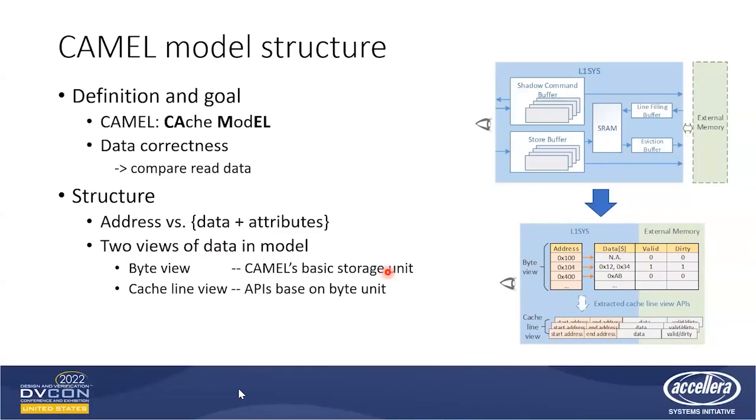For core accessing the L1, normally the instruction will access 1 byte or 2 bytes or several bytes. The unit is a byte, so the byte will directly modify the CAMEL's corresponding info. This is useful when the core is accessing the L1 sys. And then there's another view, the cache line view.